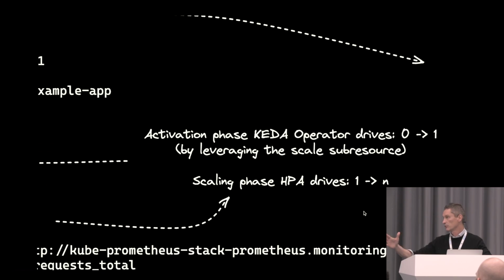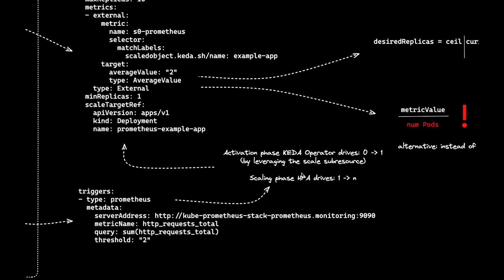The scale sub-resource, in my case, is exposed by the deployment resource, but if you're using a custom resource, it needs to expose the scale sub-resource as well if you want to use this scaling from 0 to 1 and 1 to 0.